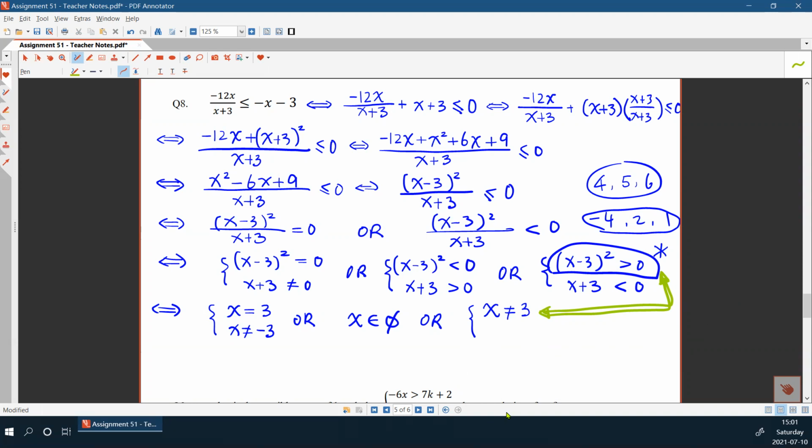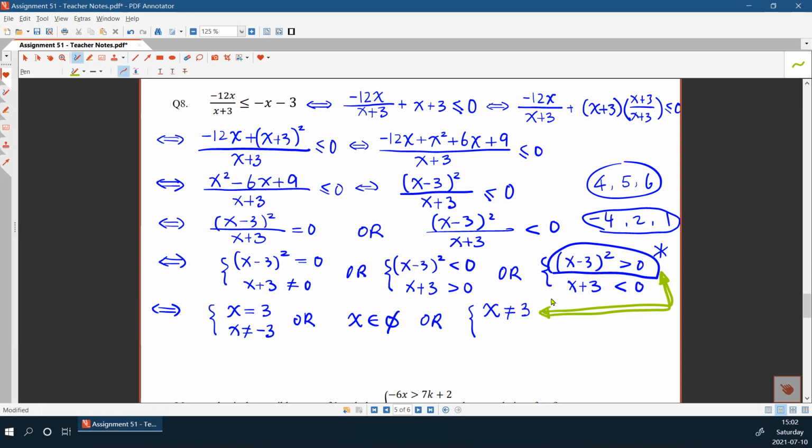Emily says yes. How about Dora? Yes, okay. So next time when you meet this question, please ensure the solution is not x greater than 3, okay? Instead, the solution is any number but not 3, okay?